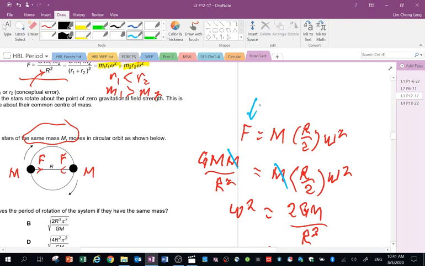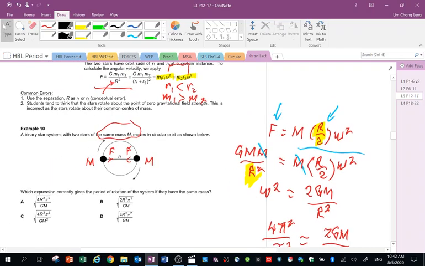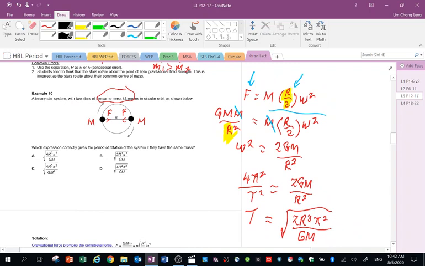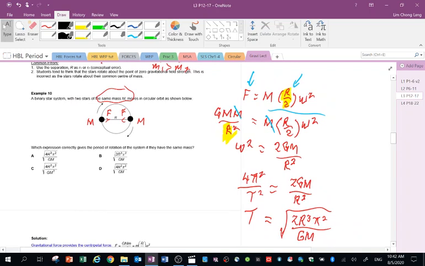So we equate it to the centripetal force, m r omega squared, but this time r is half the separation. Take note of these two r. This r is the separation. This r over 2 is the radius of rotation. So you will probably have to pause this video to understand the mathematics, to discover for yourself how you get the answer B. Okay.